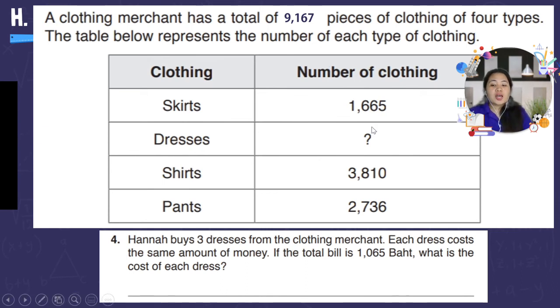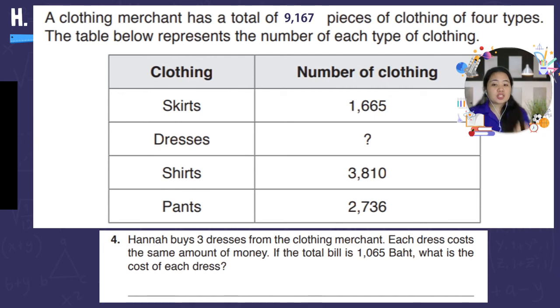Okay, last question. Oh, not yet. Number 4. Hannah buys 3 dresses from the clothing merchant.